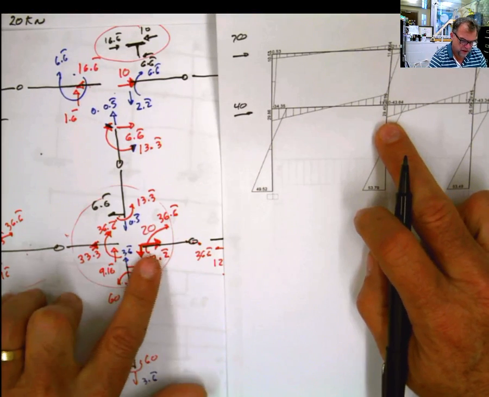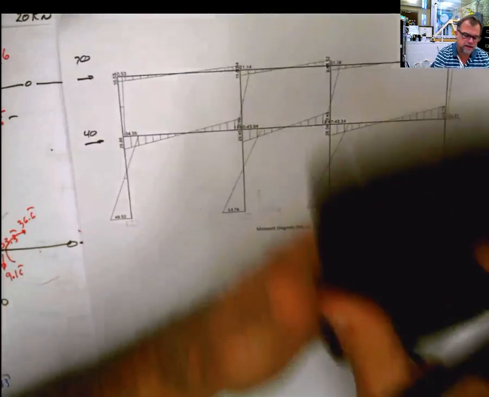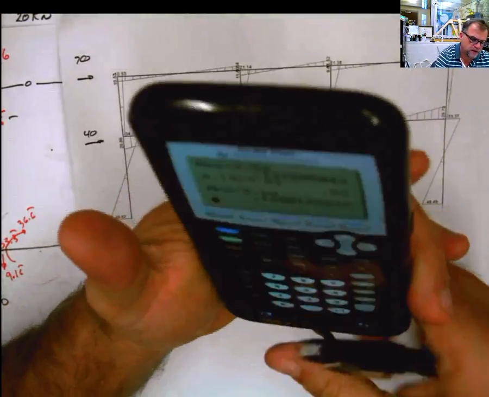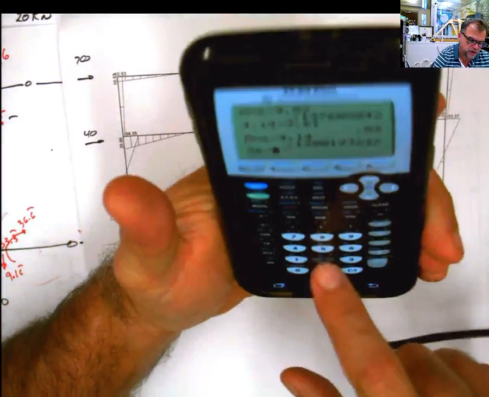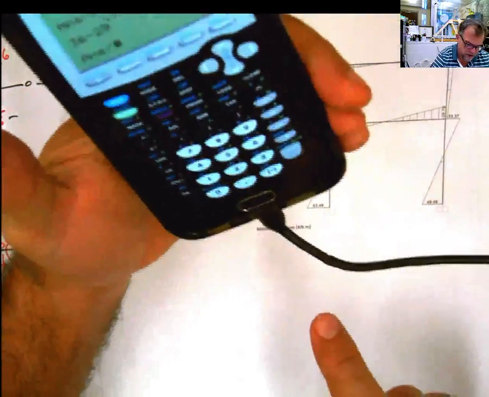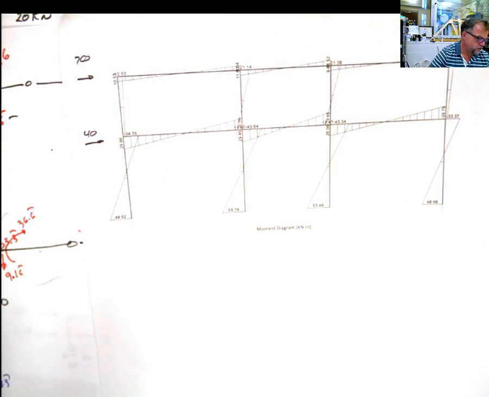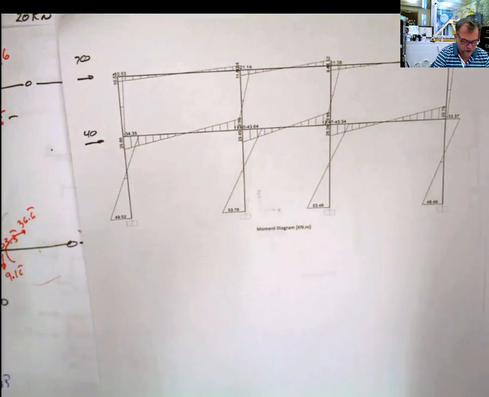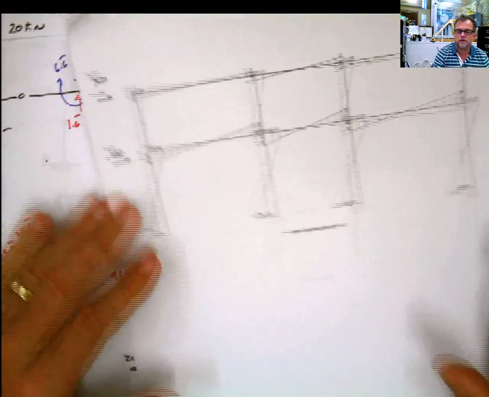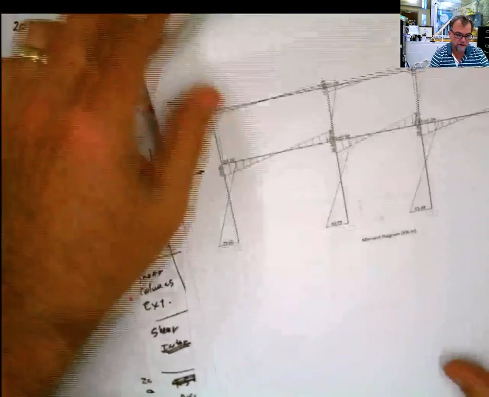So 36 minus 29 divided by 29 will be 24%, and the literature says that it goes between 14 and 30% of error also. So we weren't that far away from the reality.